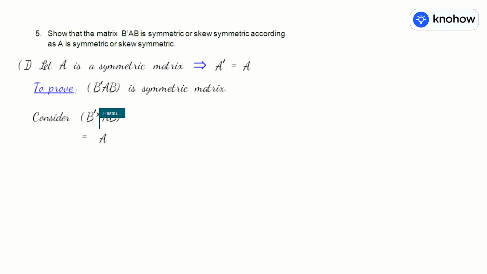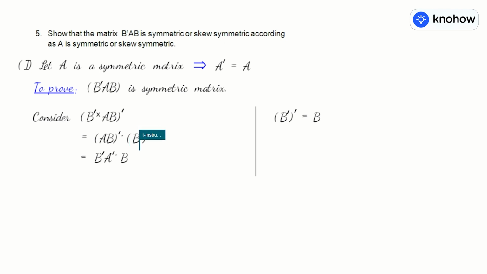So it will become AB dash into B dash dash. You already know that the transpose of a transpose will give you the original matrix, so that will be B. And here AB dash, the transpose of the product is the product of transposes in the reverse order, so AB dash will make it B dash A dash, and this B dash dash will be simply B.